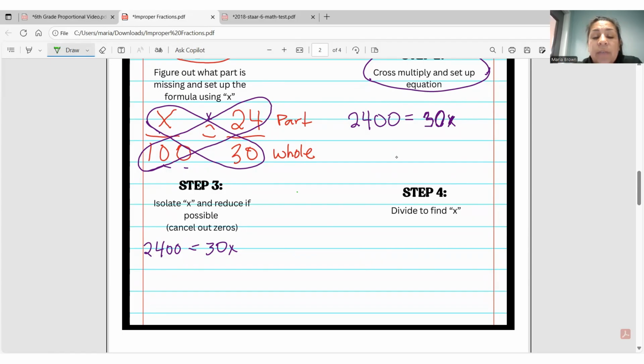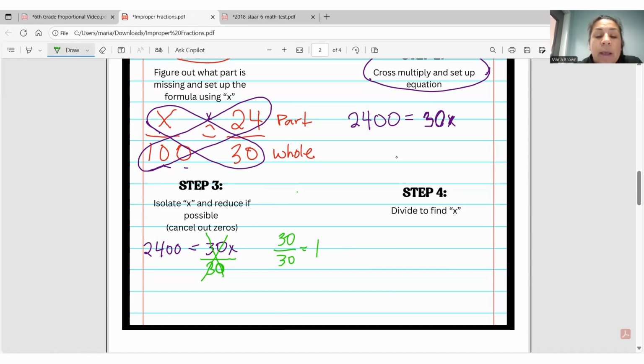So because of that, we have 2400 equals 30 times x. To isolate x, we can divide by 30 right here, because division is the opposite of multiplication. And that's going to cancel out right there, because if you remember back to improper fractions, 30 over 30 will equal 1 whole.